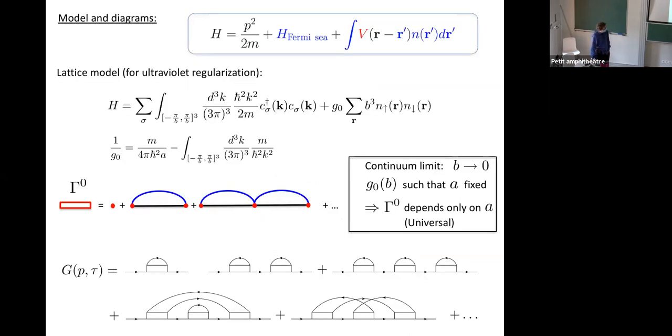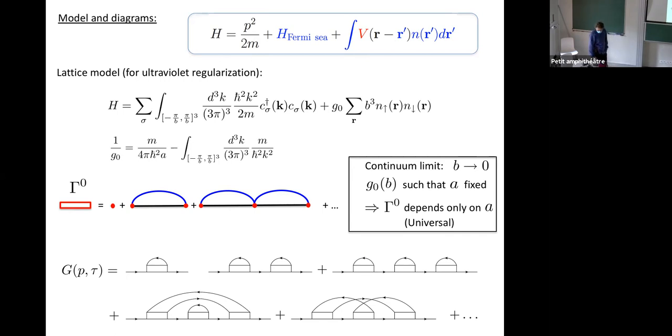So let me, before going to the methods that we use to solve this problem, introduce the model itself. So we will just have a Hamiltonian, which consists of three pieces. On one side, we have the first term, which is just the kinetic term of the impurity. Then we have the kinetic term for the Fermi sea, and then there is a coupling between the Fermi sea and the impurity.